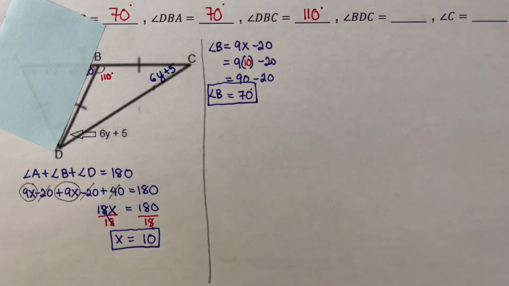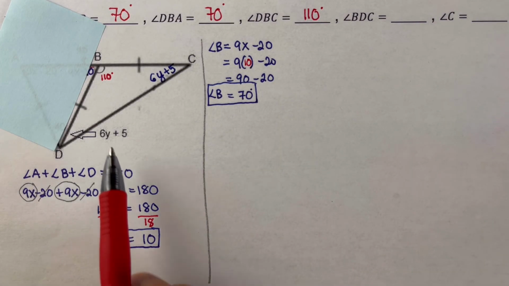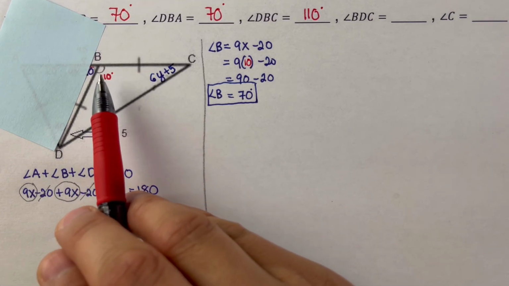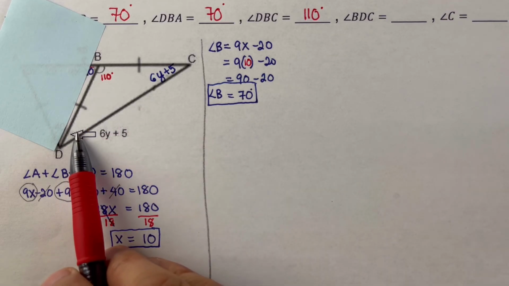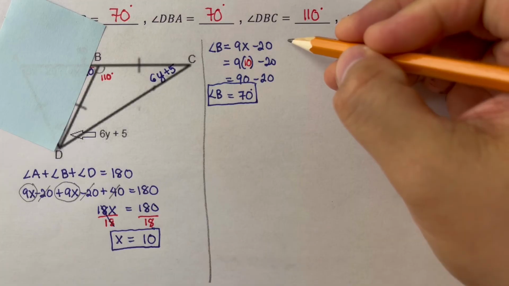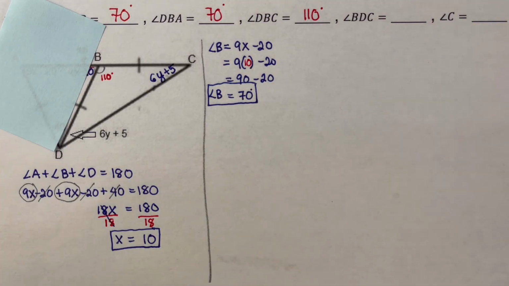So that we go ahead and determine the value for y, and once we have y, we plug it in. Now we have three angles here in a triangle. That's 110, this angle is 6y plus 5, and this is 6y plus 5. We remember that in a triangle, we can add all the angles together, and that should equal 180 degrees.